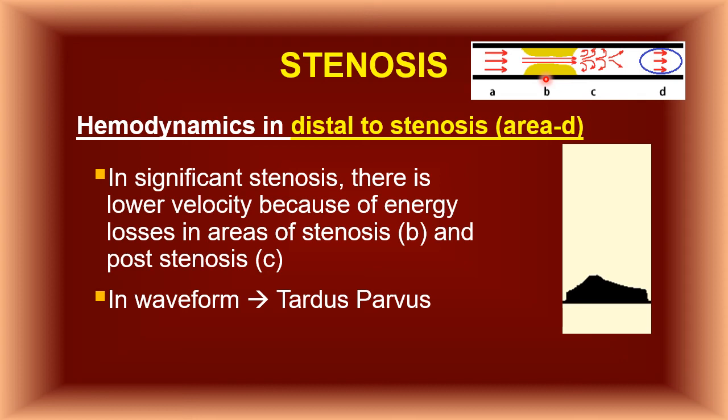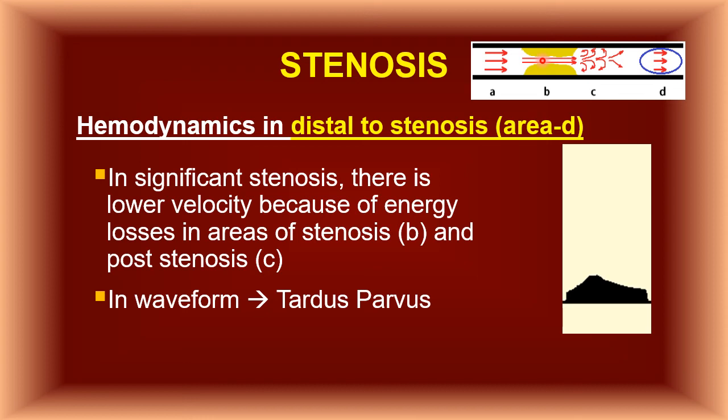Why? There is frictional loss. Of course, we know that the surface of the stenosis is not smooth, so there is frictional loss. But also, there is what we call inertial loss. Why inertial loss? There is a sudden change in the velocity, as we see here. A higher velocity, a sudden change of the velocity. This is another factor of the inertial loss.